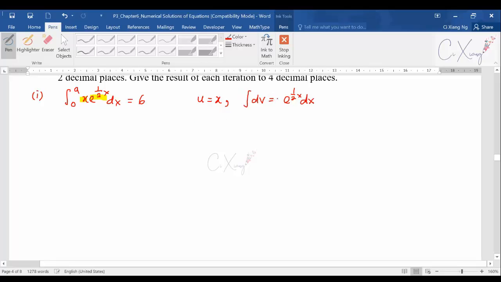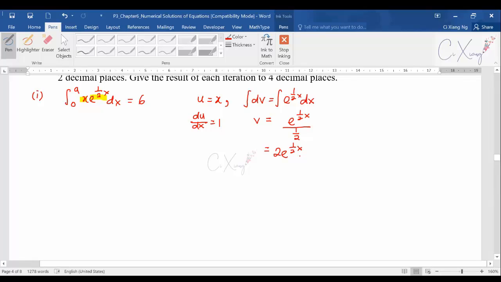So I put the integration sign here. Differentiating u equals x, I get du/dx equals 1. Then for this part, I get v on the left hand side. Integrating e to the power half x, I should have e to the power half x divided by the differentiation of the power, which is a half, and I will get 2e^(1/2 x).